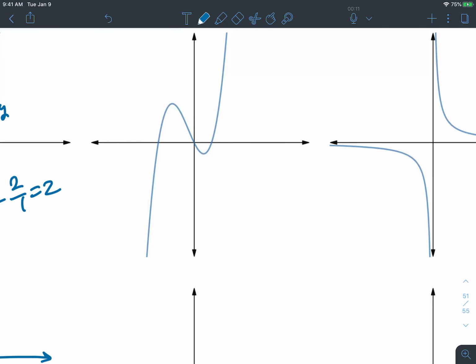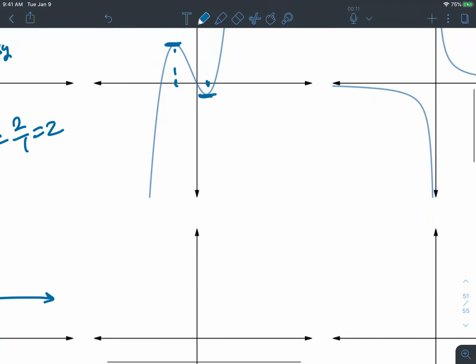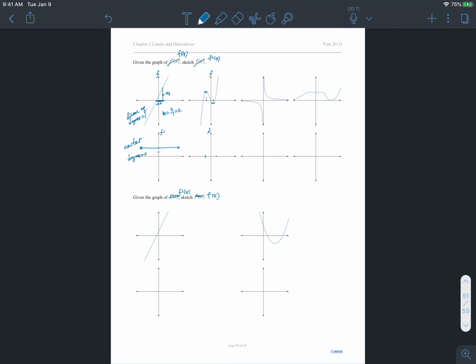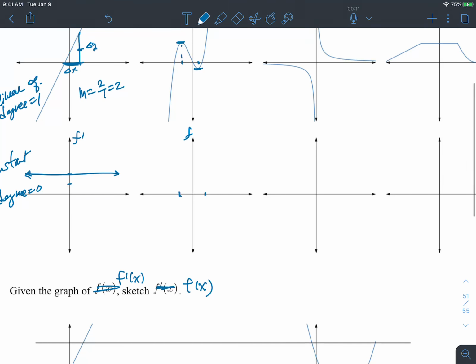Let's do the zeros first. See that slope right there? It's about here and here. My slope's a 0. So this is the f. This is the f prime. That is the f. That's f prime. And around here and here, maybe a little inside, my value is 0 and 0.